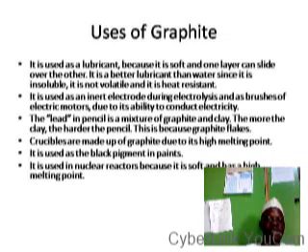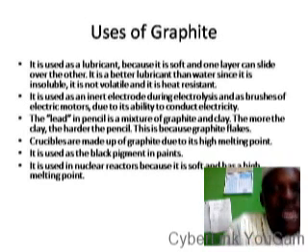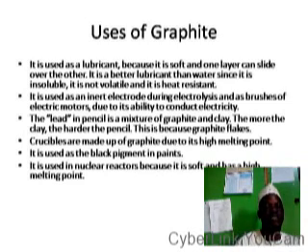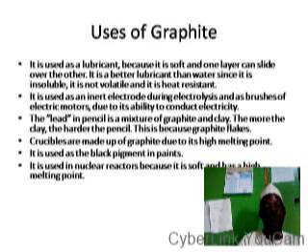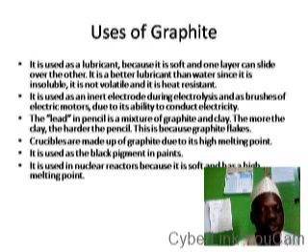What is graphite used for? It is used as a lubricant. This is because it is soft and one layer of it slides over the other layer, just like we have in liquids. But it is better than any liquid lubricant because it does not evaporate. It is in solid form, so it is not volatile.